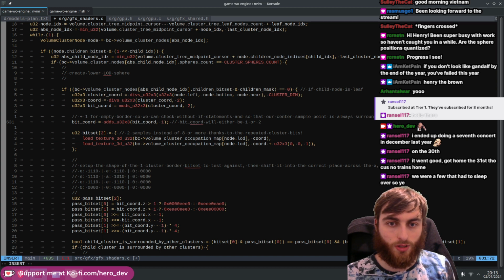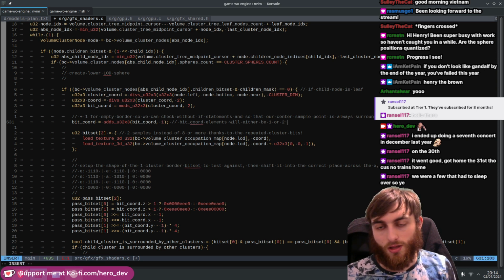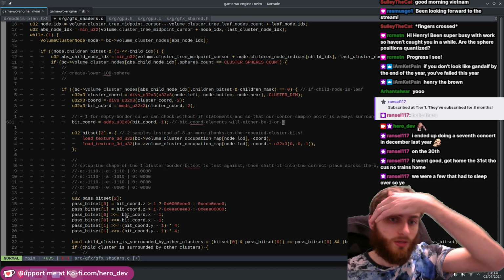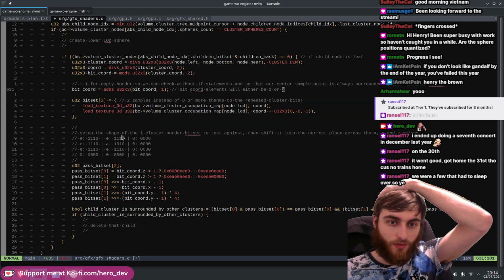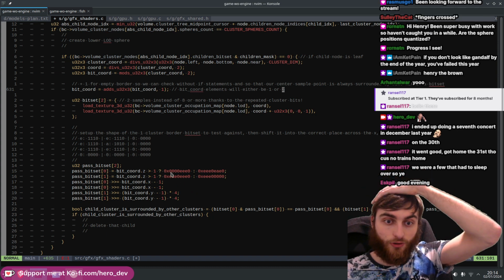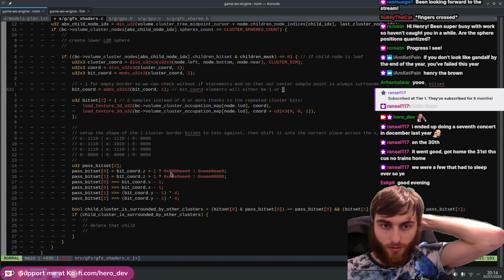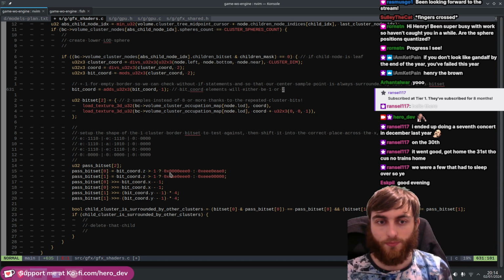Sorry, be 1 or 2, that's what I mean. So basically we set up a bit set now to represent this, a way to check all the surrounding bits.